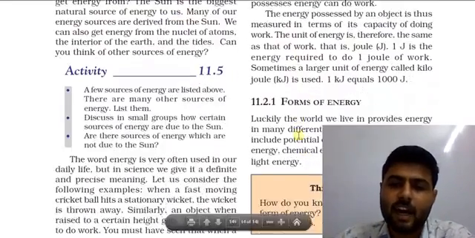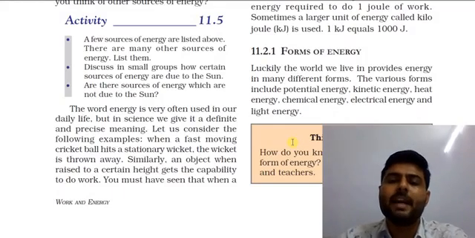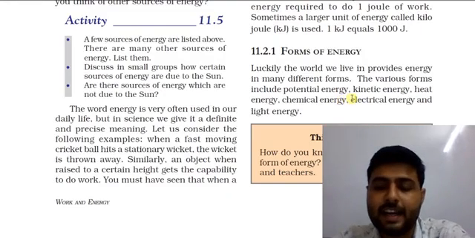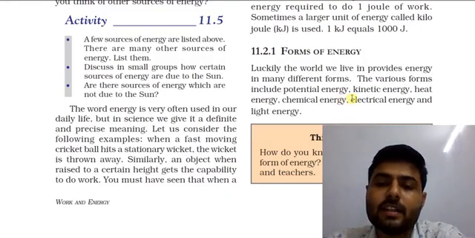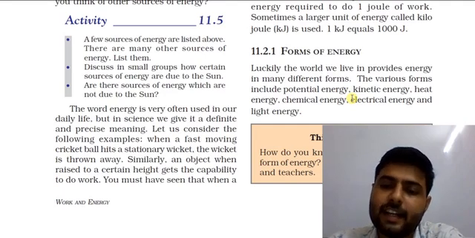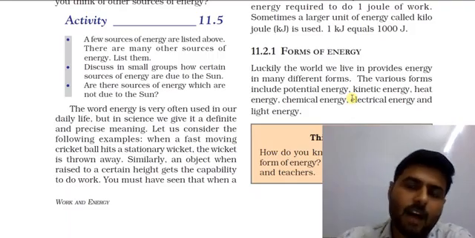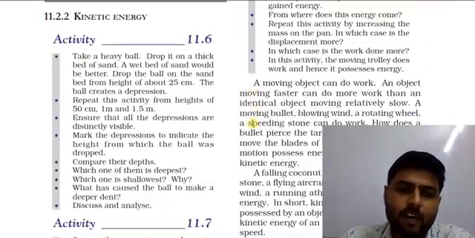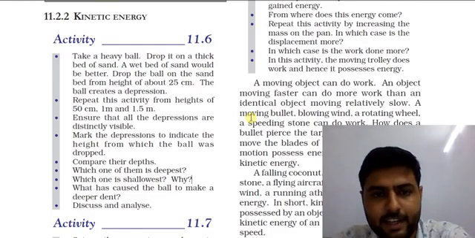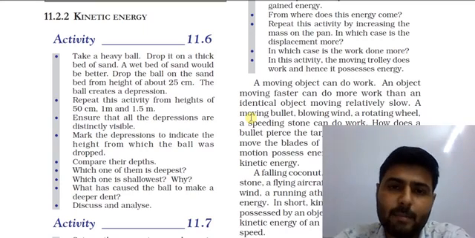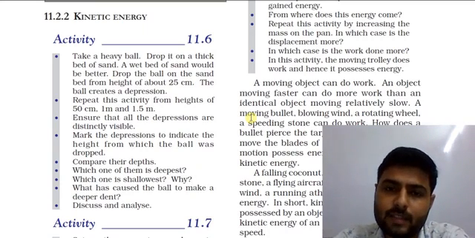And till now we discussed we have many forms of energy, that is potential energy, kinetic energy, heat energy, chemical energy and electrical energy, light energy, etc. After that, we saw one example or say activity in which we drop a heavy ball on a sand bed from different heights and we measure the depression created by the ball in sand.